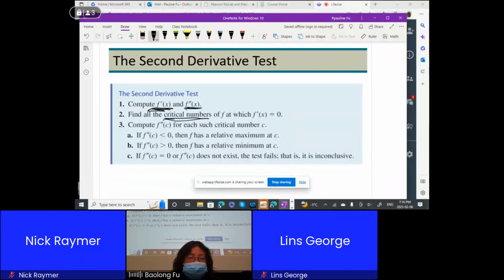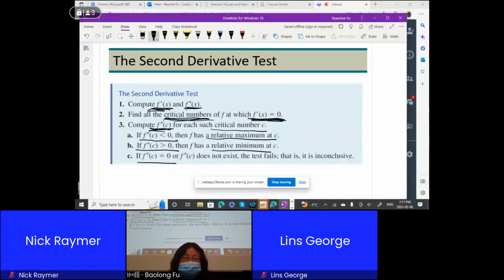Find the critical numbers. How do you find critical numbers? First derivative equal to 0, those x are critical numbers. Then compute the second derivative at the critical numbers. If the second derivative is smaller than 0, you have a relative maximum. Second derivative greater than 0, relative minimum. Second derivative equal to 0, the test is inconclusive.